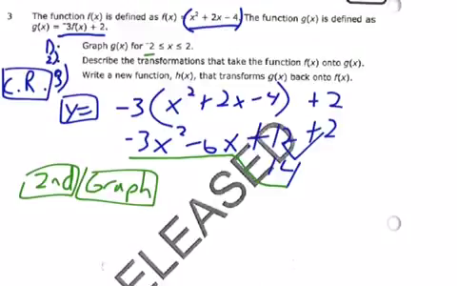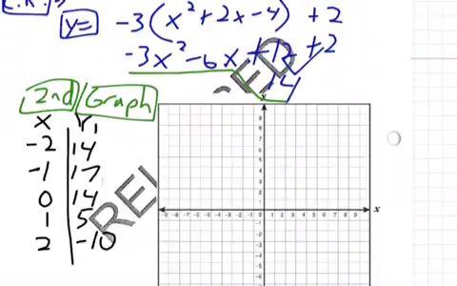So now I have graph paper, so I'm just going to plug in those values, and I'll show that here. I copied down what I saw from my table on second graph. Negative 2, 14, that's left 2 up 14, somewhere up here. Negative 1, 17, somewhere up here. On your graph paper you can make it a little better than what I'm doing, because my graph only went up to 10.